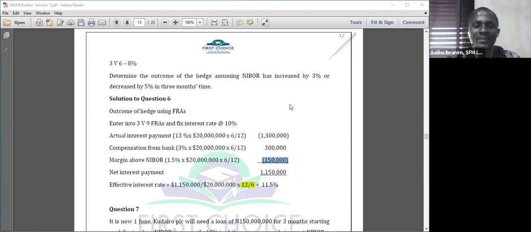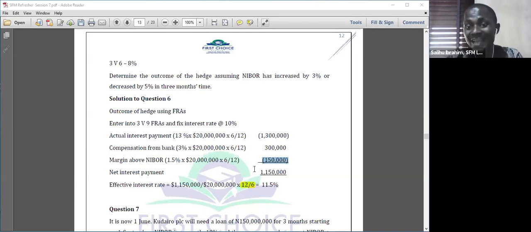Yes, Mr. Ogochi, you can as well do your 10 plus 1.5. You can do that, but whenever a question asks you net interest payment, look at what the question asks you. Determine the outcome of the hedge.